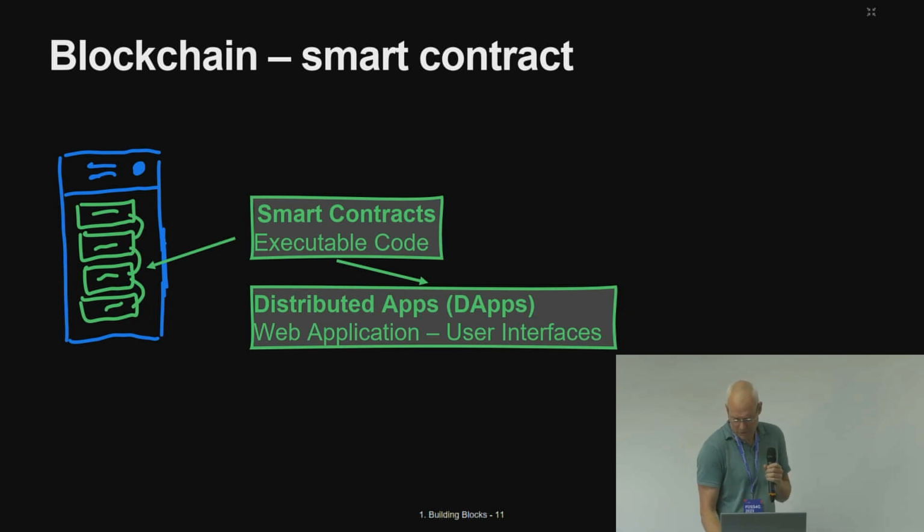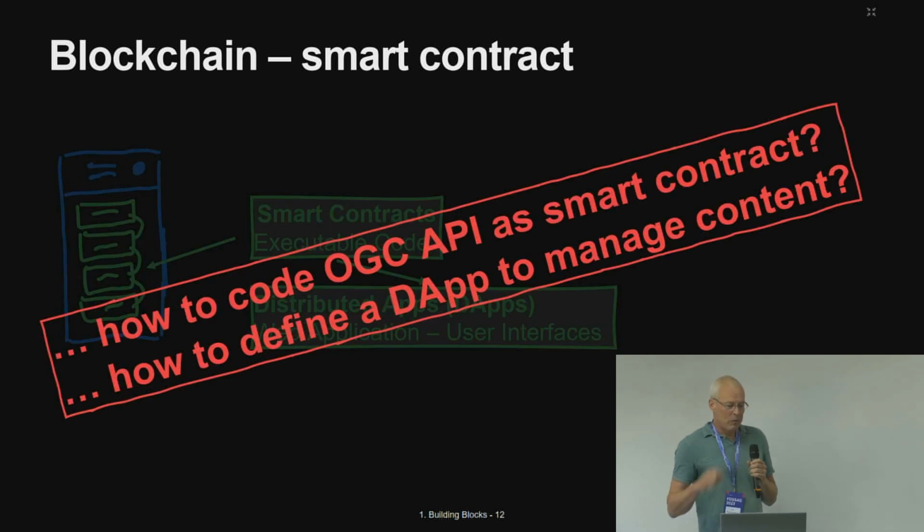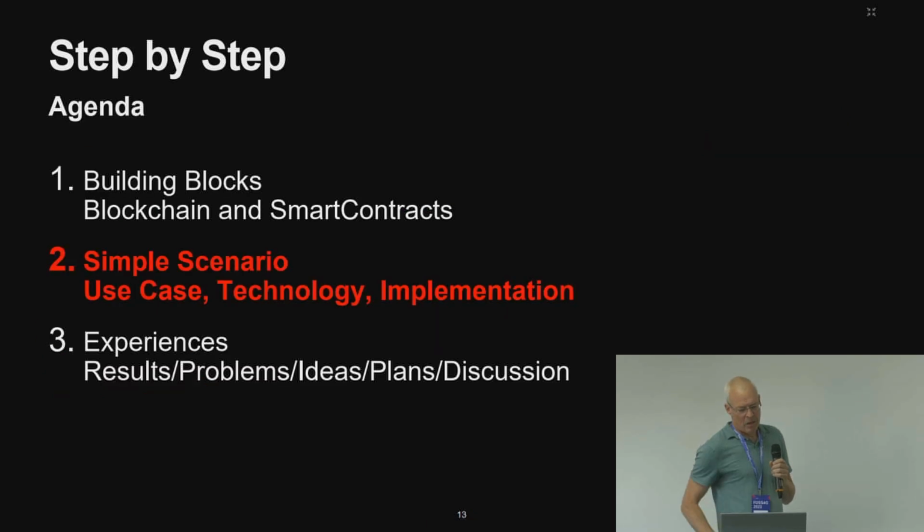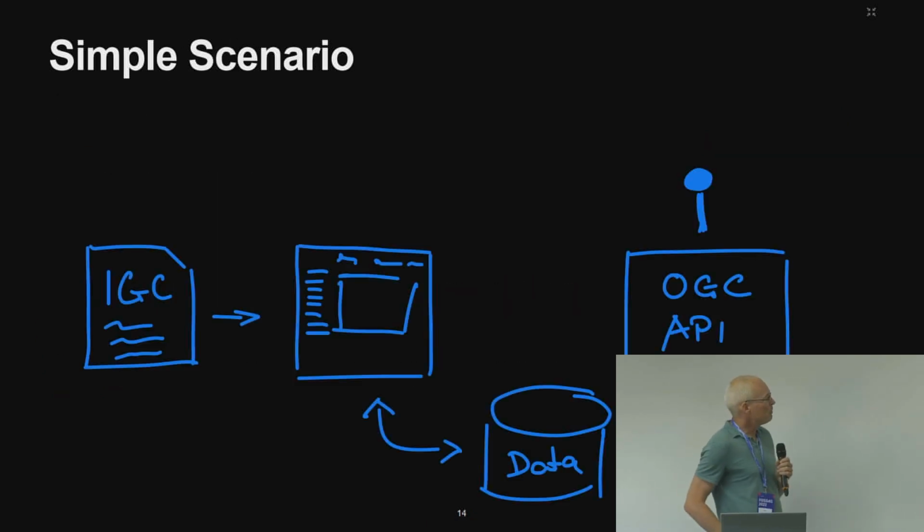Another buzzword, yes. So my question was how to code those smart contracts and how to build such front ends. And so I asked myself, can I code an OGC API Features on this technology? So I set up a really simple scenario.